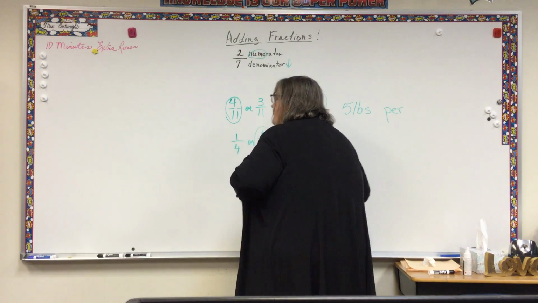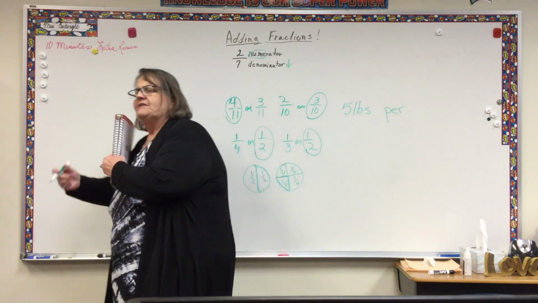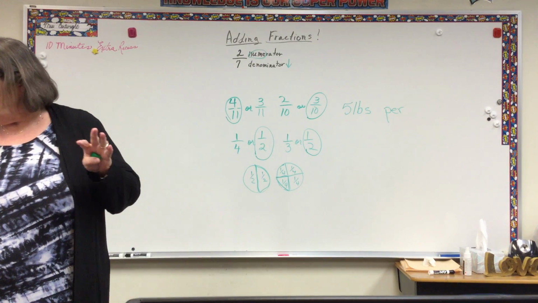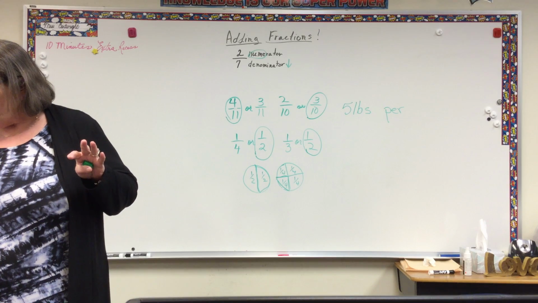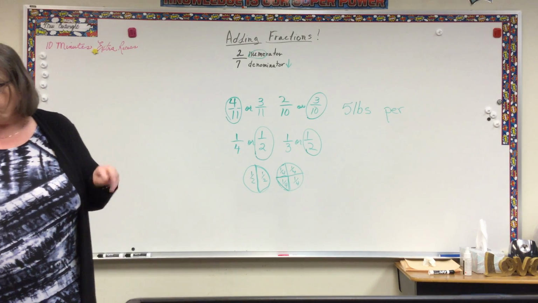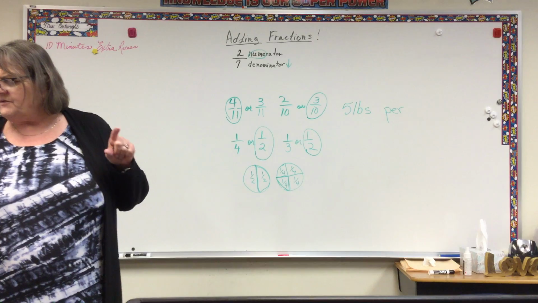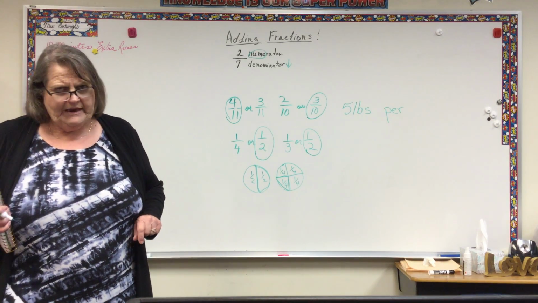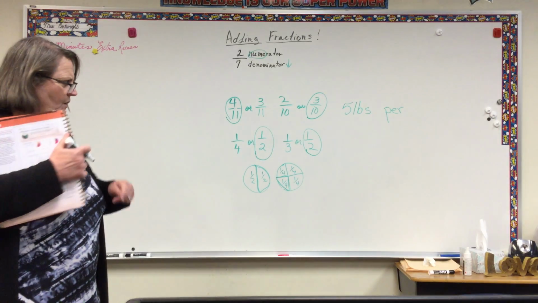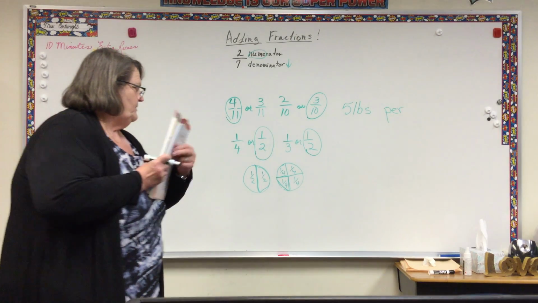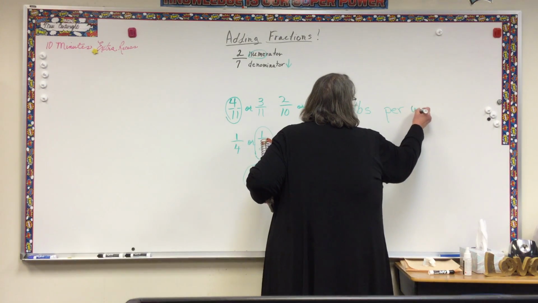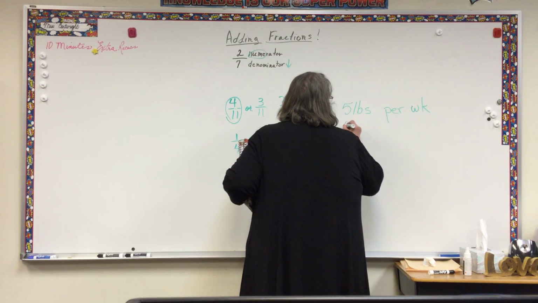Okay, so that means every week she buys 5 pounds of apples. So in 5 weeks, well, we don't know how many weeks yet, do we? But she buys 5 pounds. It says, how many pounds of apples will they buy in 52 weeks? That's a whole year, isn't it? So in 52 weeks, 5 pounds per week.